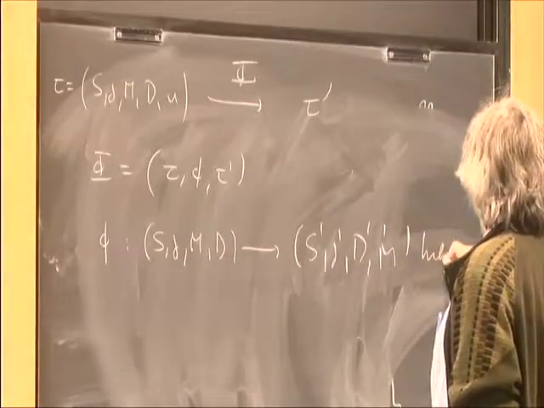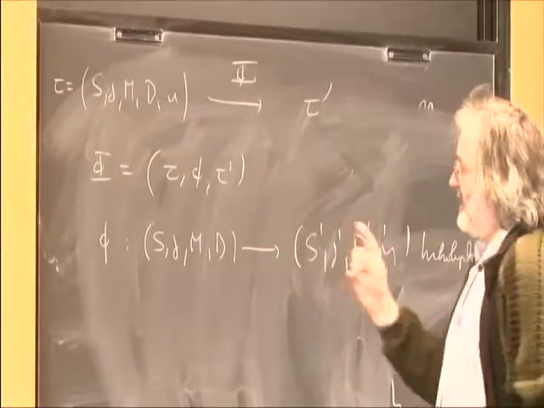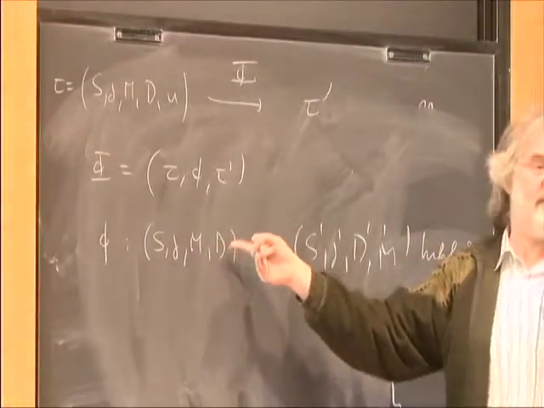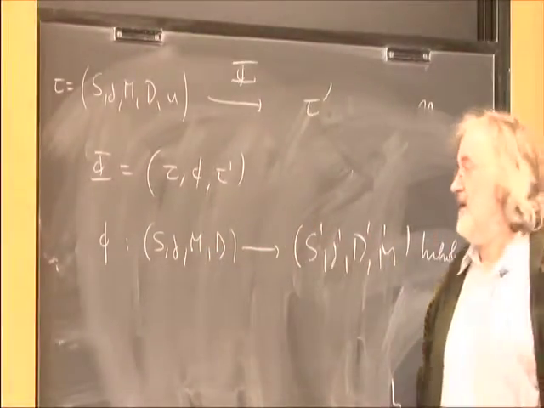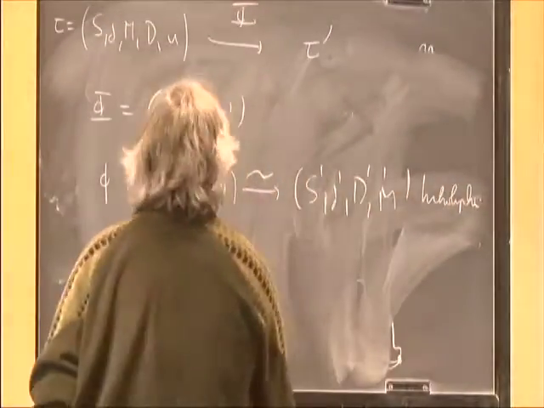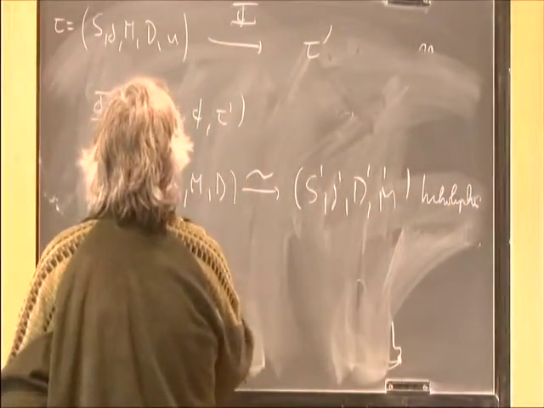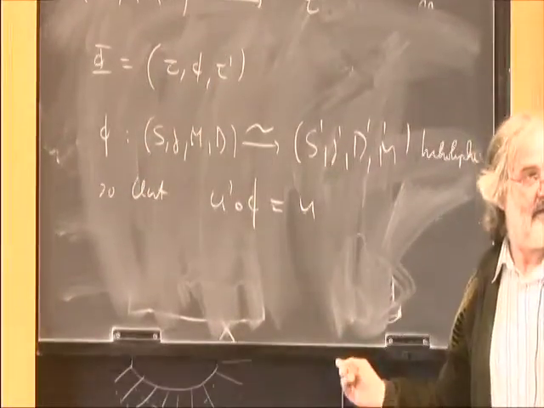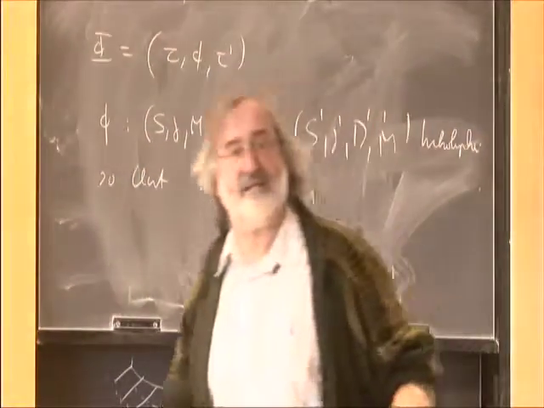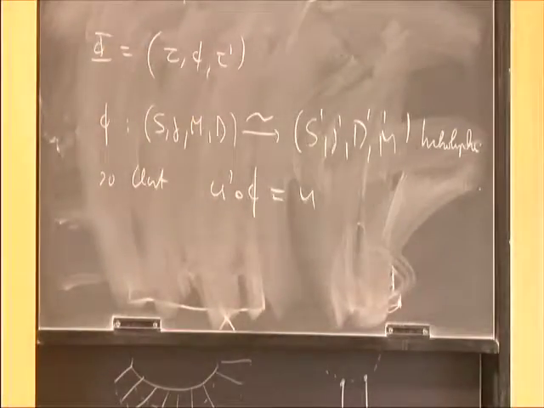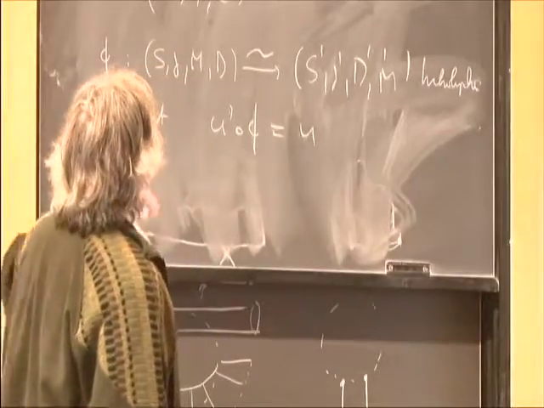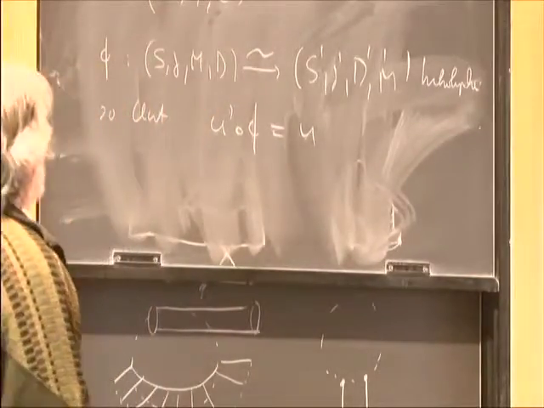That means it has to preserve the ordered marked points, and it will map nodal pairs to nodal pairs. Biholomorphic map so that U prime composed with phi is U. That's a morphism. And of course, it's invertible. Just interchange these two letters here, put phi inverse. The domain is the first object, the target is the primed one.